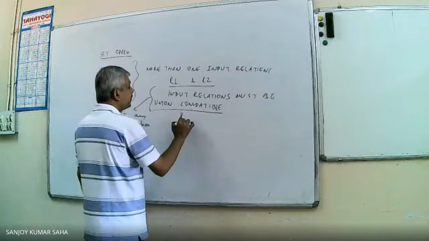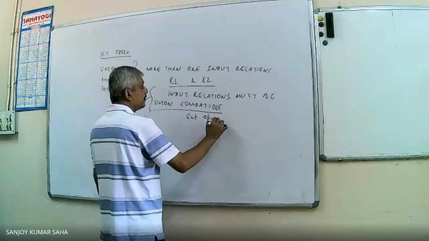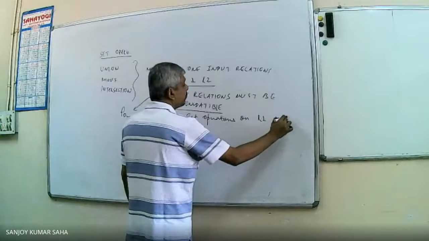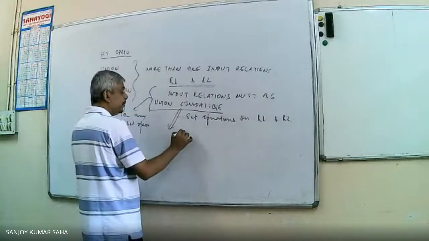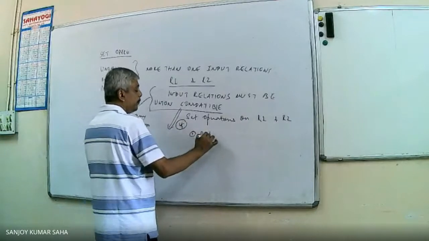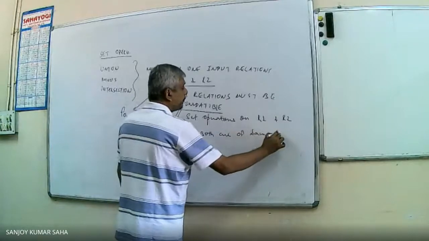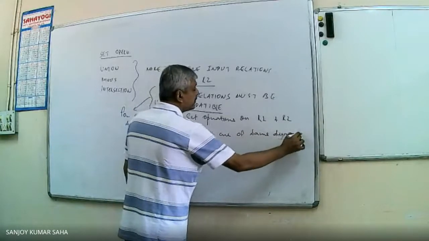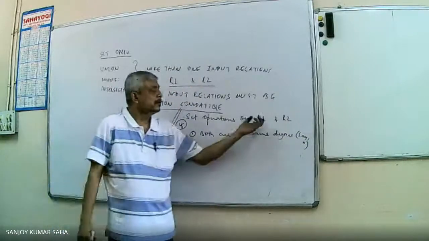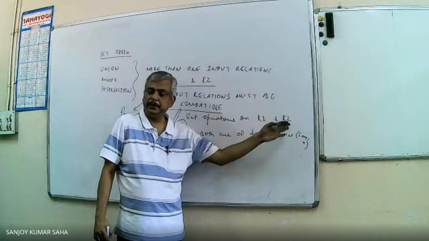Say we want to carry out certain set operations on R1 and R2. They are union compatible if both are of the same degree, say n. Degree means the number of attributes in the schema, so both must be of the same degree.